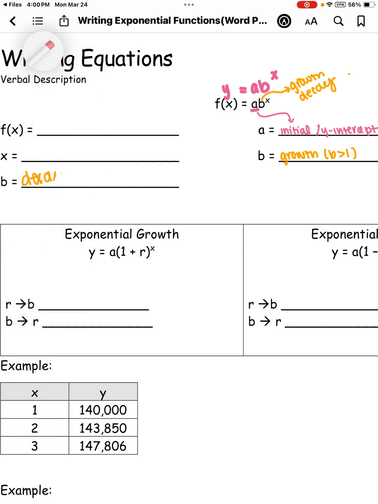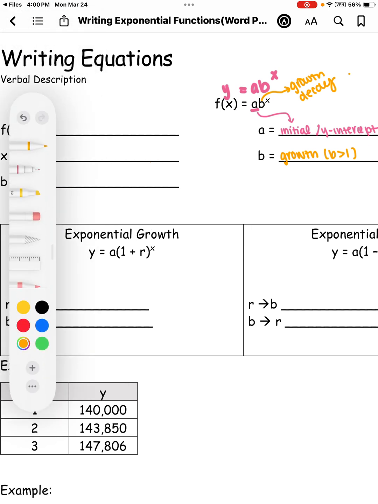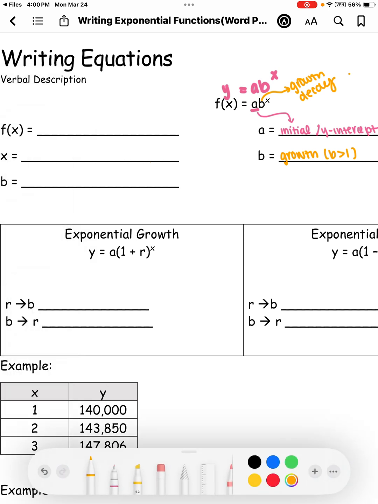I'm going to rewrite that, make it look a little bit better. Okay. If it's decay, b should be between 0 and 1.